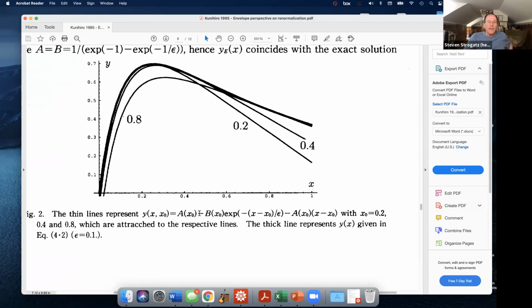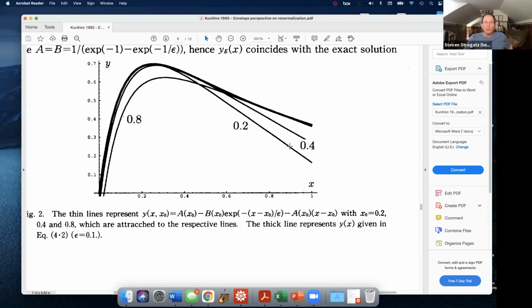That's showing A at x0 minus B at x0, times e to the minus x0 over epsilon. And then this funny term that came from regular perturbation theory, A at x0 times x minus x0. If you graph those terms for various choices of x0, remember thinking of that as the parameter, for different values, 0.2, 0.4, 0.8, you get this family of curves.